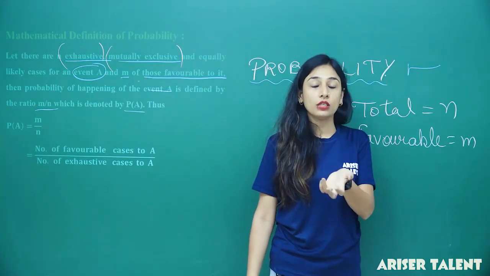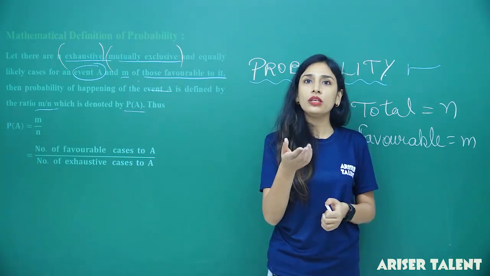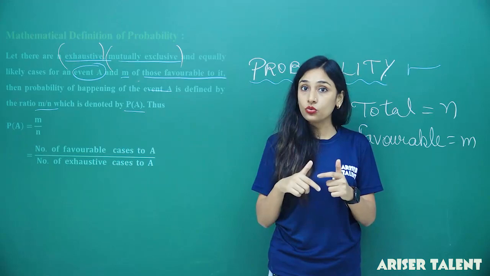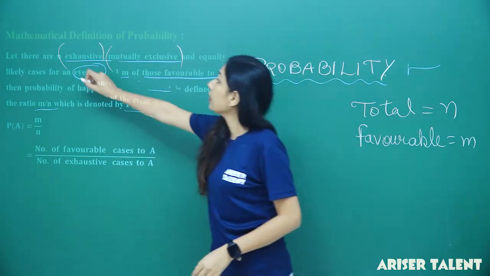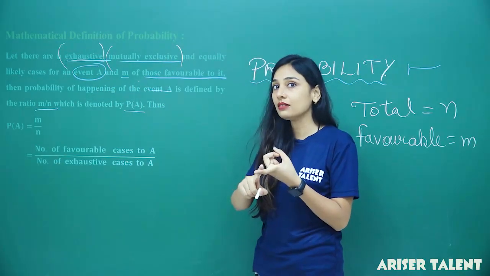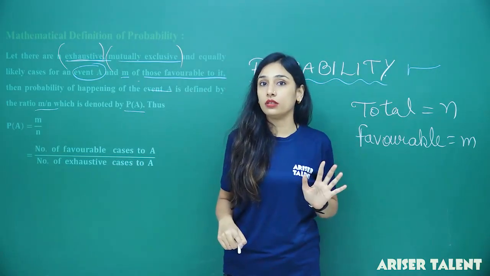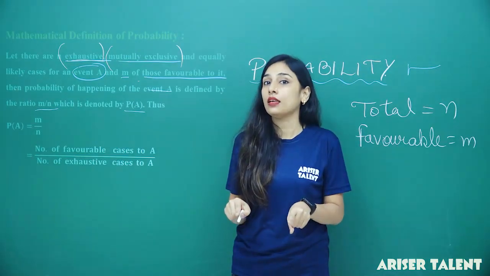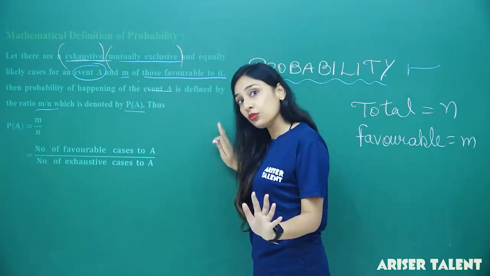When I talked about the toss of a coin, I told you that we have two cases there, head and tail. Now, these two are the total cases, or what we say, exhaustive. Why? Because if head occurs, tail cannot occur, and if tail occurs, head cannot occur. These cannot occur simultaneously. Okay, so exhaustive and mutually exclusive.